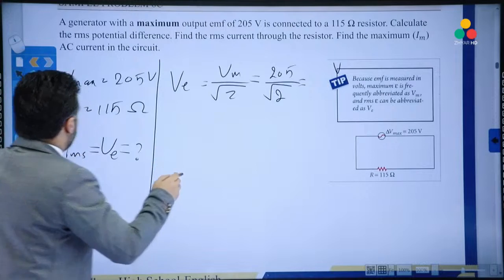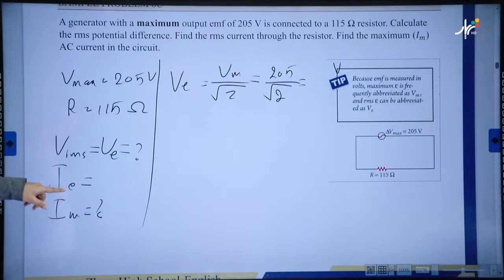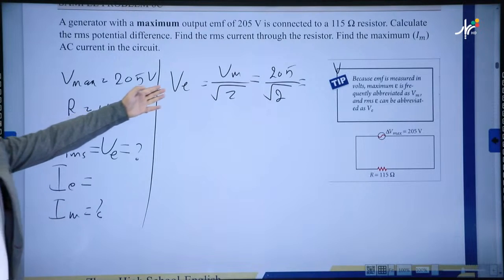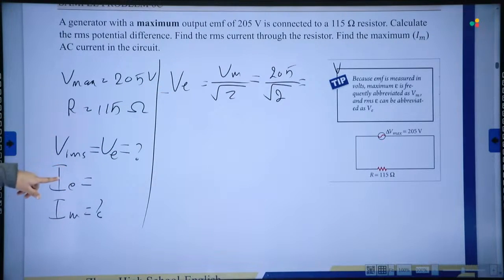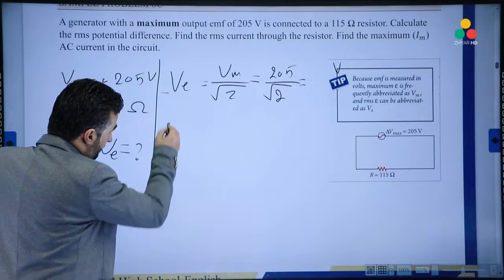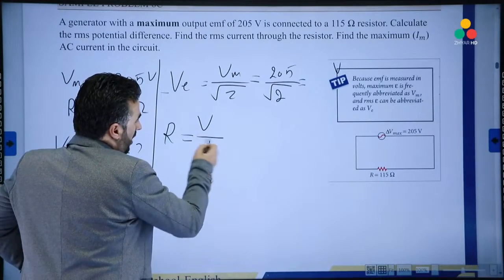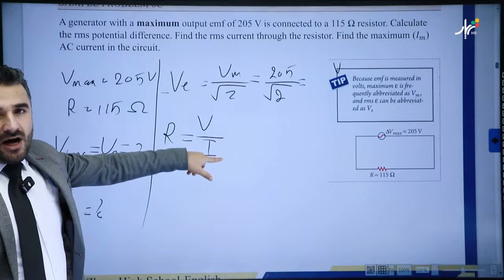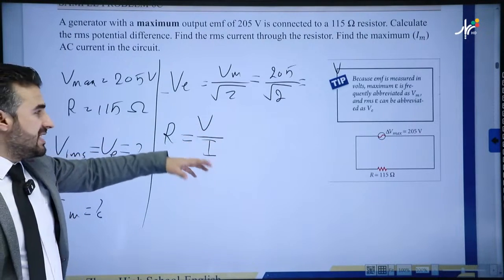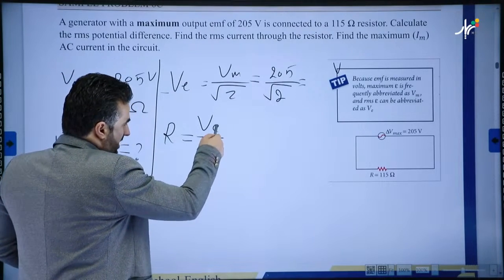Now, as for the second part, it says find the I effective. Remember, I have Vmax and V effective. I found V effective, and then I can find I effective by using the resistance as well. Resistance equals V over I. I could use Vmax over Imax, but the question at this point says find the I effective, so I'll use V effective because that is what I have.